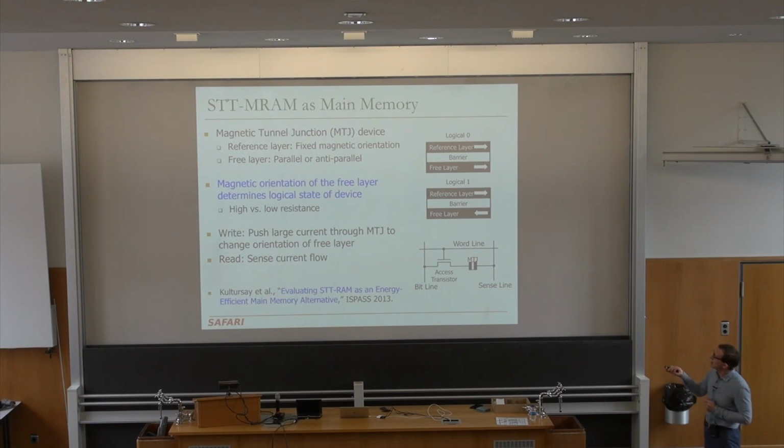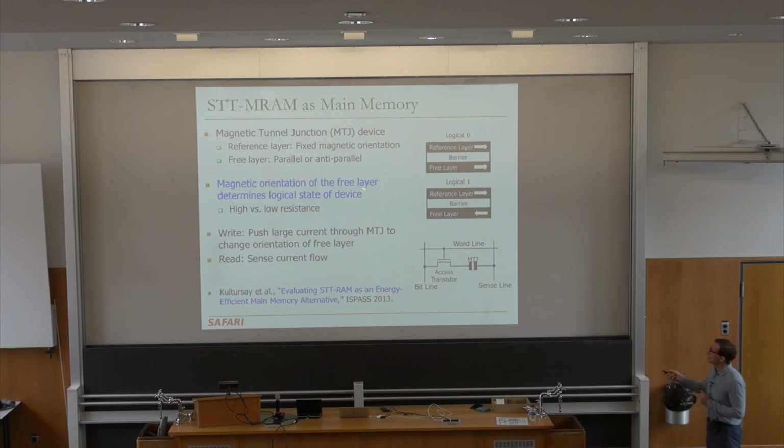Basically, the idea is very simple. You have 2 magnets. One is a reference magnet that always has a magnetic field in one direction, a fixed magnetic orientation, let's say. And there's a barrier, and there's another magnet after that that could be parallel or anti-parallel to this reference layer, depending on its magnetic orientation. And you can change the magnetic orientation of this free layer.